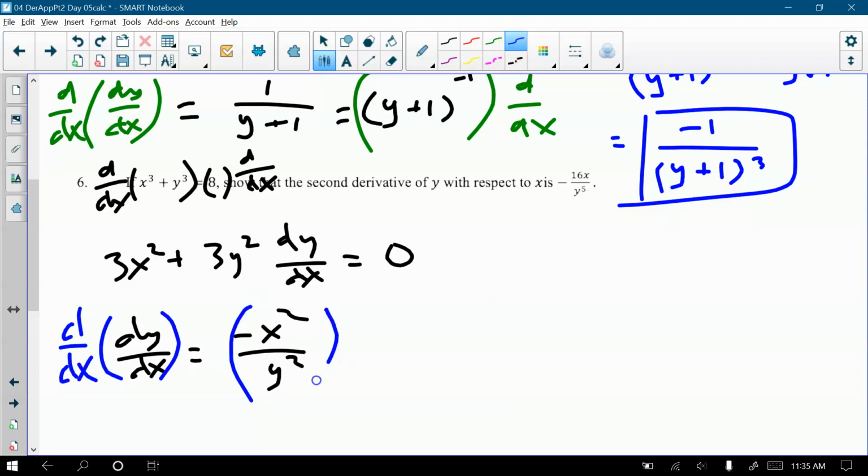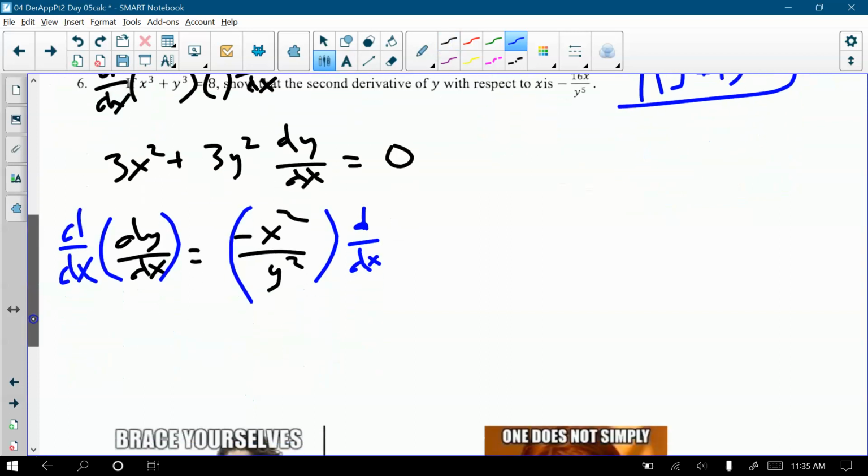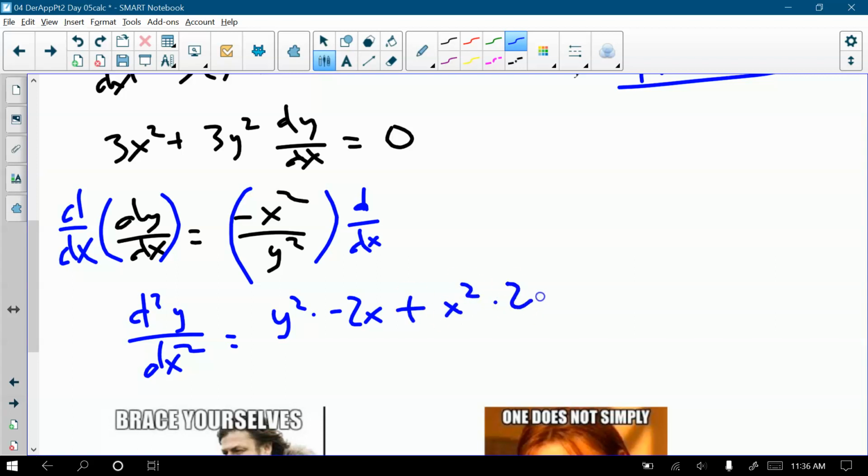Again, now I'm going faster because I have to still make one more video. So next, we're going to get d2y dx squared on the left equals, okay, low, so y squared, because I need a quotient rule, times derivative of high, which is negative 2x, minus high, which is negative x, so plus x squared, times derivative of low, which is 2y dy dx.